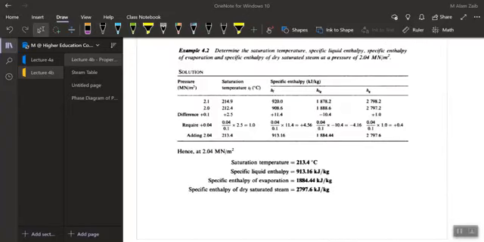So let's move to another example, example 4.2. This is an example from Rayner Joule's book, Engineering Thermodynamics. The book is not relevant over here, but the example is. Till now, we have used a method called the slope method, which was easy for you because you were already familiar with it.